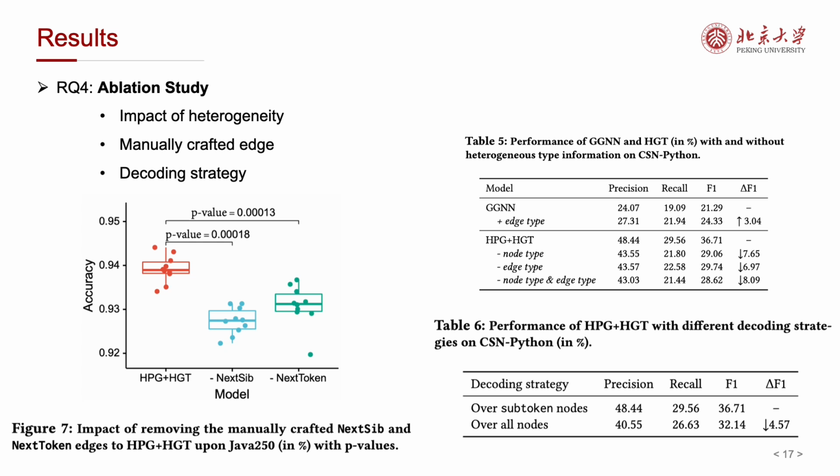The experimental result on RQ4 is shown in the figure and tables. Ablation demonstrates the usefulness of the heterogeneous types in HPG. It also confirms the effectiveness of our design for the manually crafted edges in HPG and the decoding strategy over only the subtoken nodes in HGT.